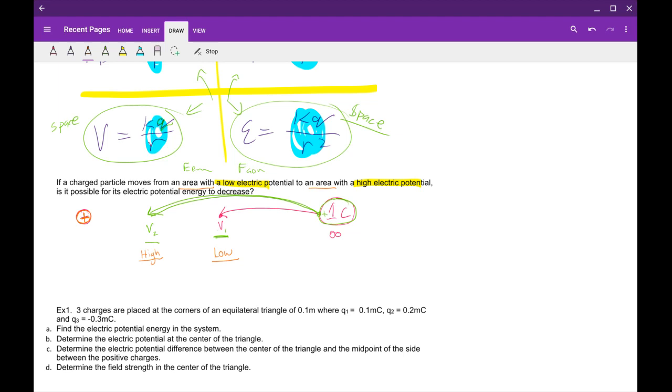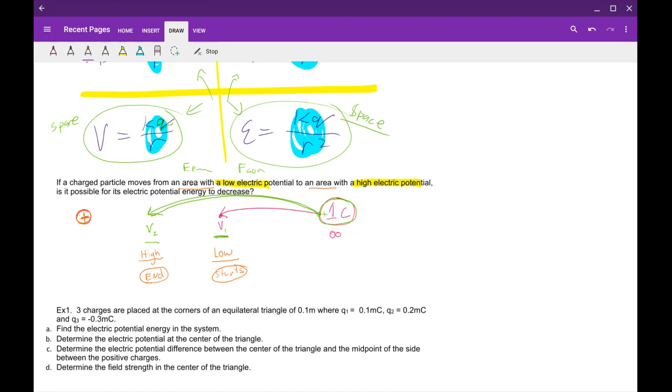All right, now I can begin to start answering the question. So now, if a charged particle moves from an area with a low electric potential, so it starts here, and then it moves to here, so it ends here, the question is, is it possible for its potential energy to decrease?